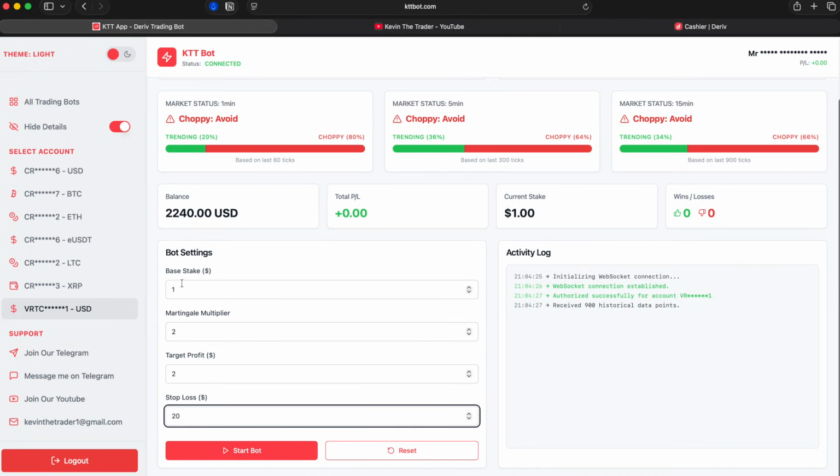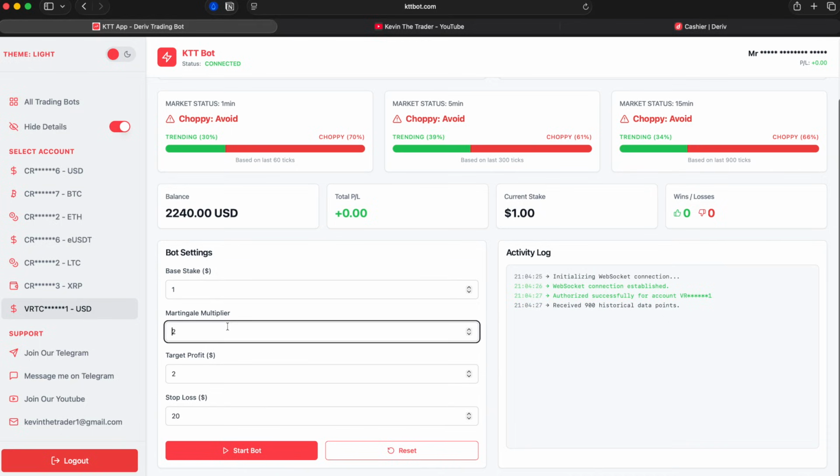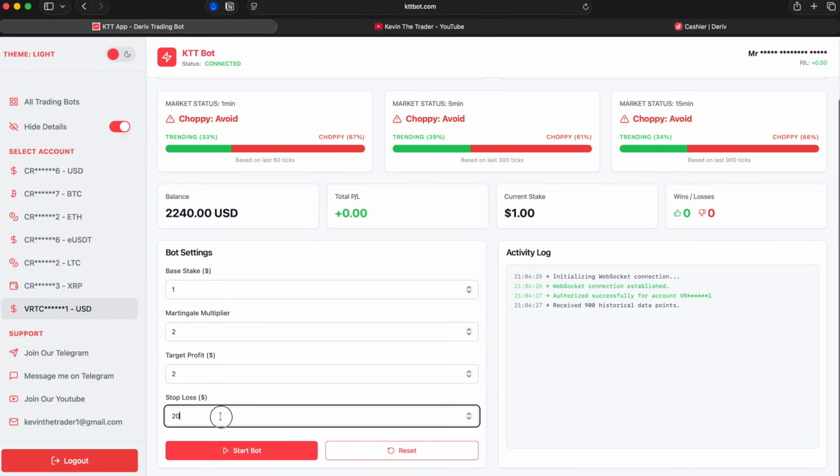By default, when you log in to this bot, the default settings will be 1 as your base stake, the martingale will be 2, your target profit will be 2, and your stop loss will be 20. But you can adjust these settings according to the amount that you are willing to lose, right?